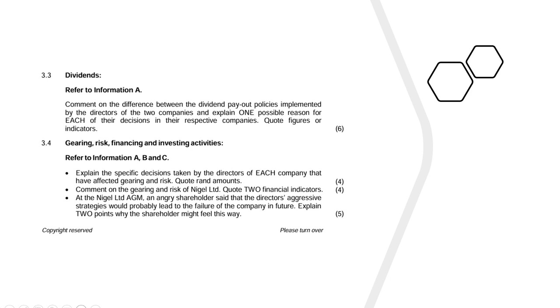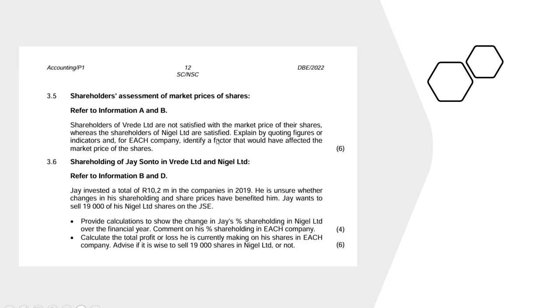Let us see what question 3.5 has. 3.5 is looking at the market prices. You need to look at information A and B. Shareholders of this company are not satisfied with the market price of their shares, whereas the shareholders of company B are satisfied. So the shareholders of the first company, which is this one, are not satisfied.